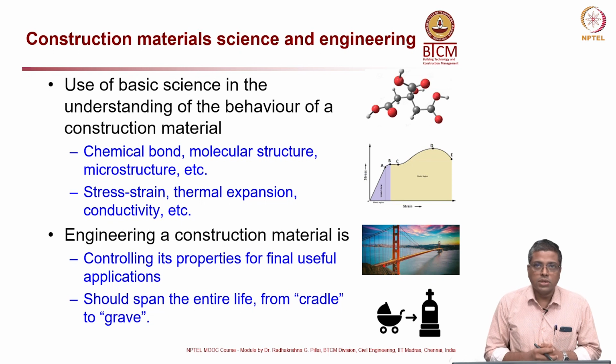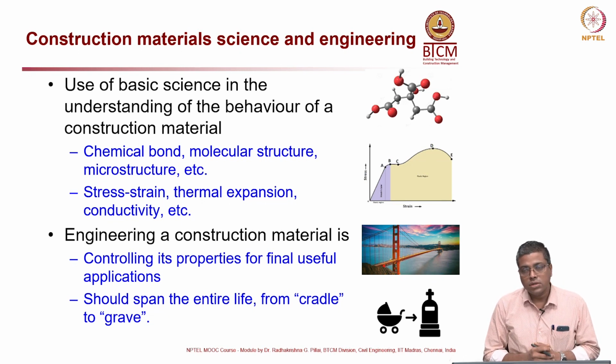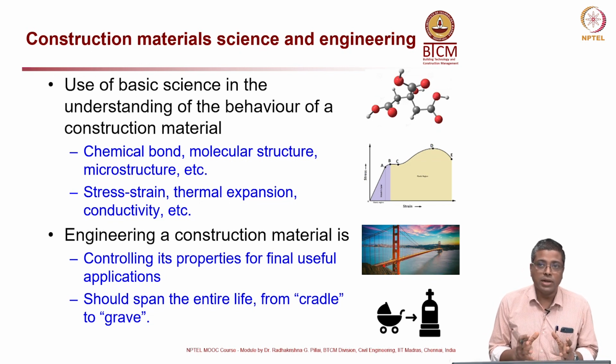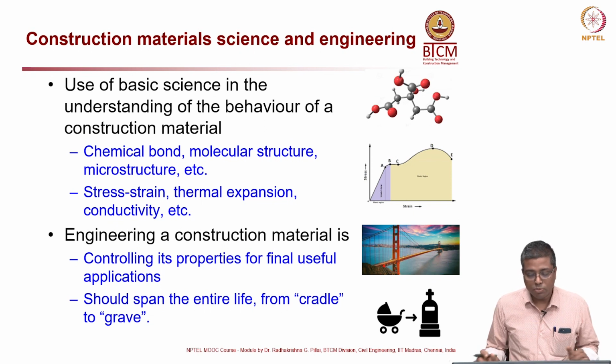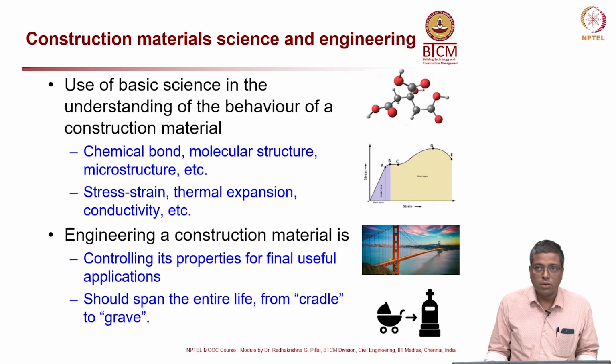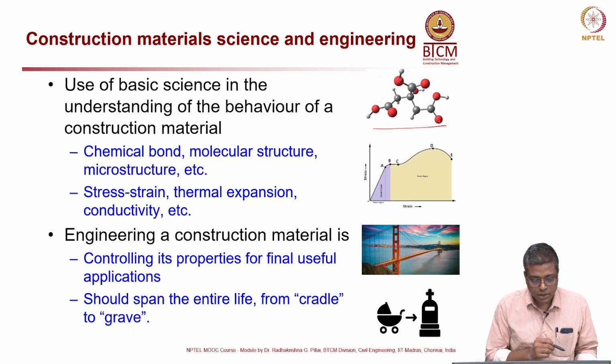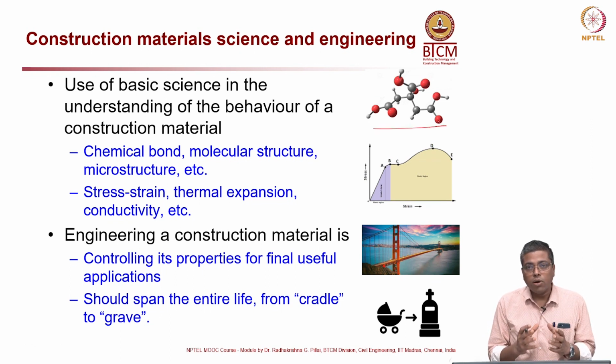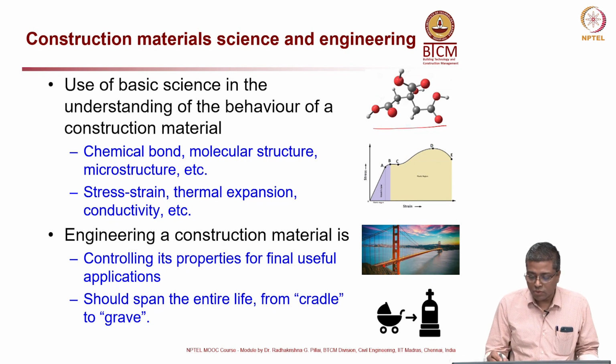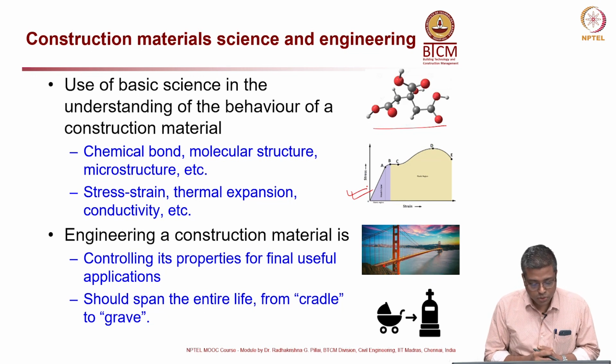Now, construction material, the science and engineering of it, involves the use of basic science in the understanding of how a material will behave. That means, we will even go into the chemical bond, molecular structure, microstructure, etc. of the material. So, we will look at chemical structure, and then also how a material behaves when you talk about its stress and strain behavior. That is also very important to understand.